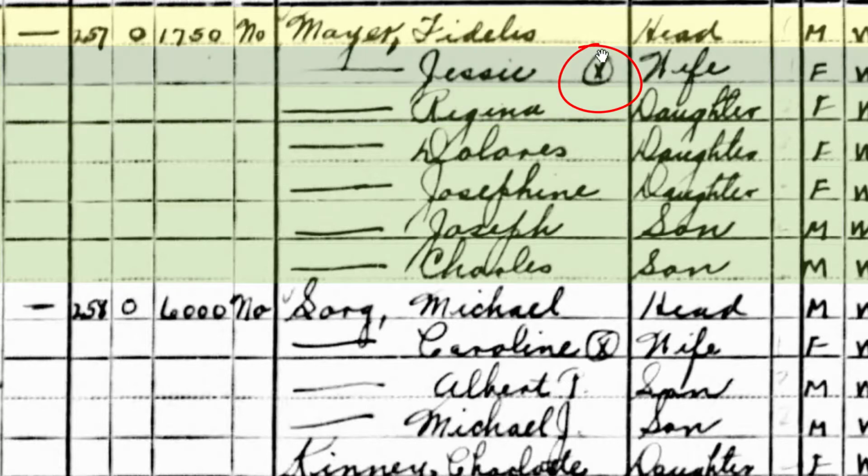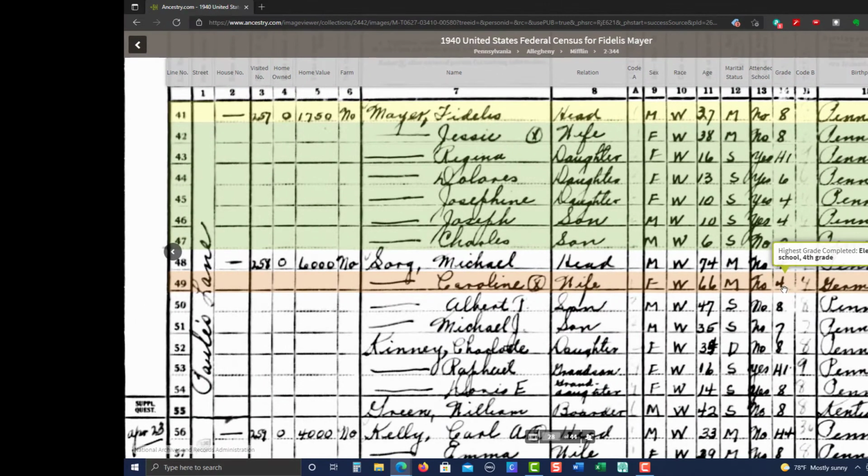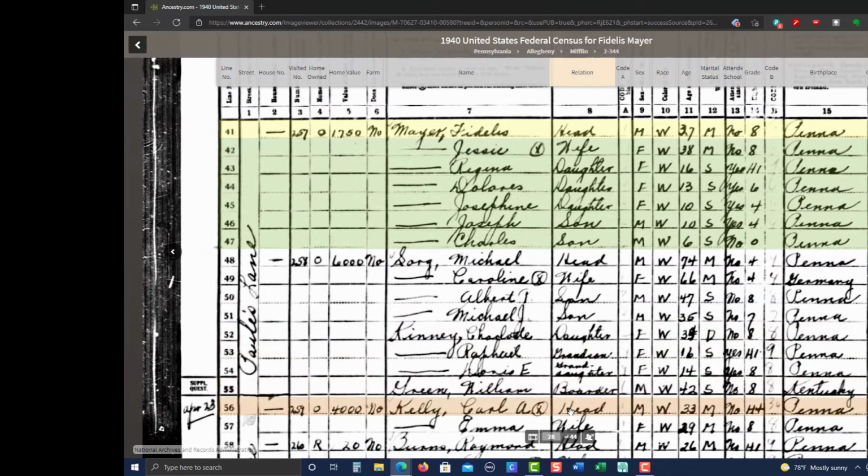There's a little X with a circle around it next to Jesse in the Mayer household, the wife, next to Caroline, the wife in the Sorg household, and down here you got Carl, the head of the household, in the Kelly household.